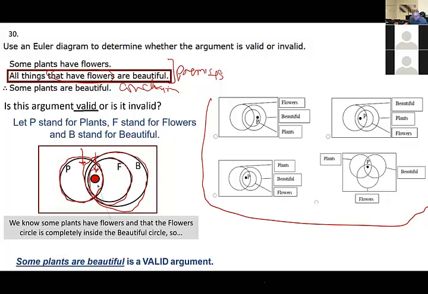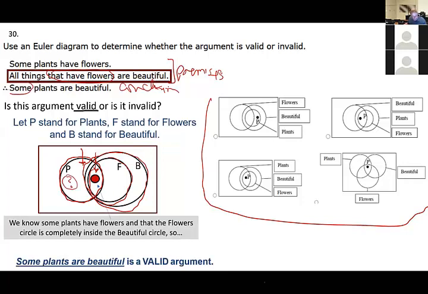Some plants have flowers. All things that have flowers are beautiful. So that dot has got to be inside the beautiful circle. It doesn't say all plants are beautiful. If you were saying all plants are beautiful, you'd say that's invalid, because you could have a plant over here that wouldn't be inside the beautiful circle.